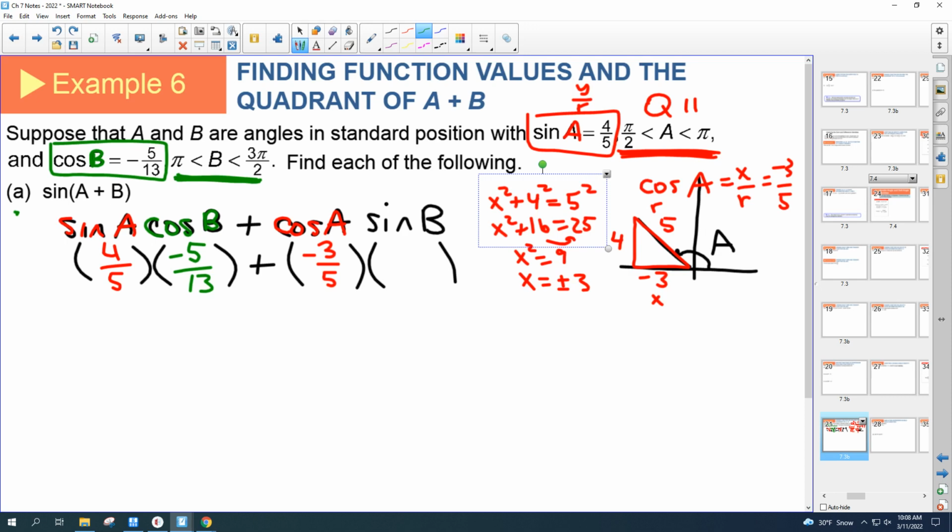What quadrant are they talking about? Good, that's quadrant 3. You need to recognize that. So I'm going to draw a picture in the third quadrant. I've got some angle putting me into the third quadrant. That's angle B, and that defines this right triangle for us.